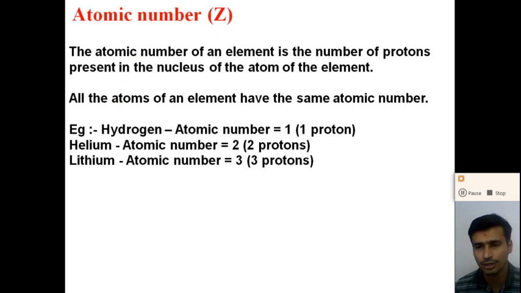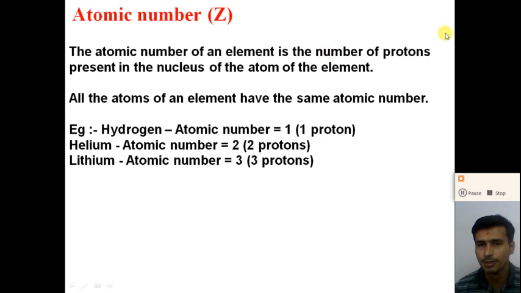So the atomic number of an element is the number of protons present in the nucleus of the atom, and all the atoms of the element have the same atomic number, right? For example, let us see how the atomic number is represented for the first 18 elements. The first element is hydrogen.